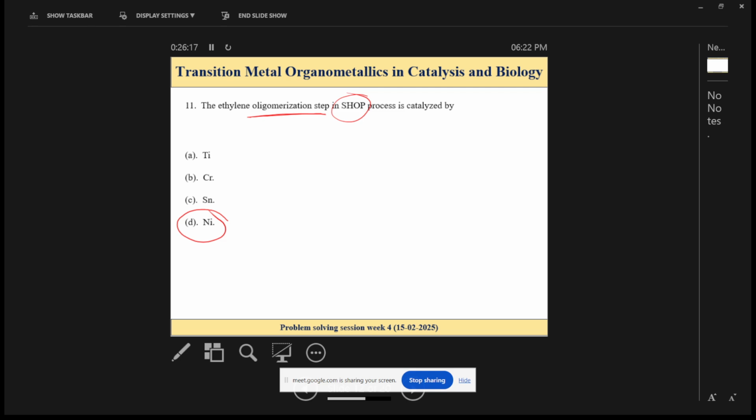It can be the industrial application, it can be the academic application or laboratory application.